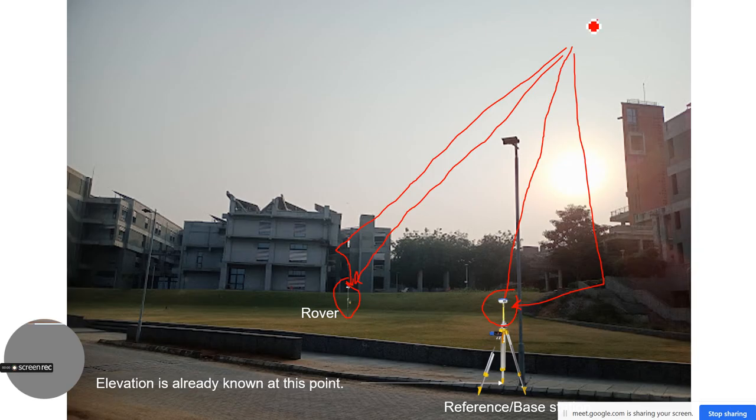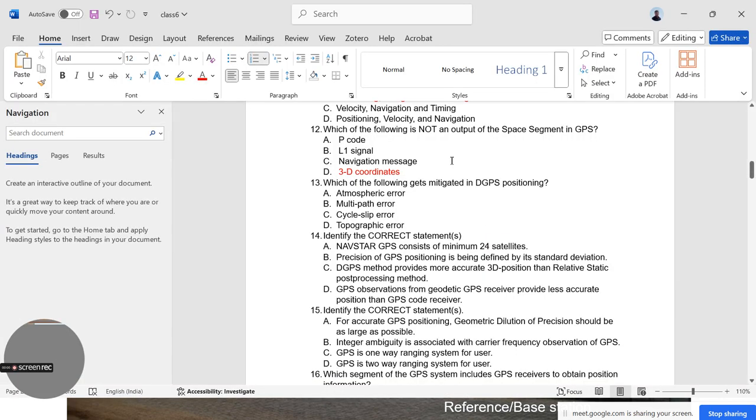Whatever is in the atmosphere, like satellite clock error, satellite orbit error, or errors due to the ionosphere and troposphere, will be the same for both base and rover. So whatever error is common, we can remove using DGPS. So here the answer is atmospheric errors, which can be mitigated using DGPS.